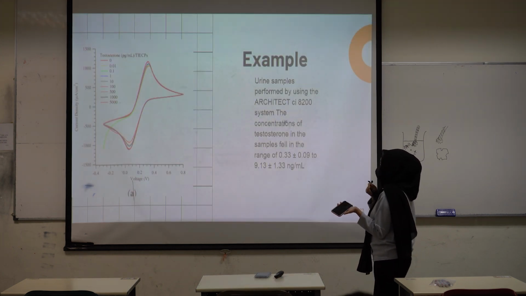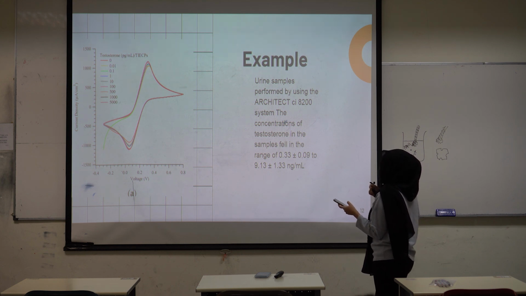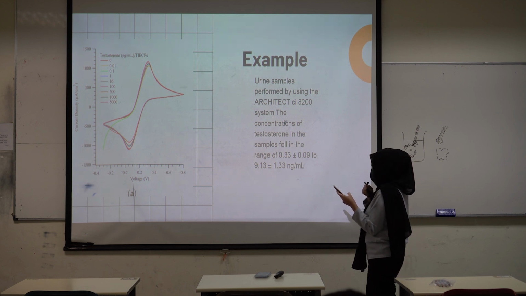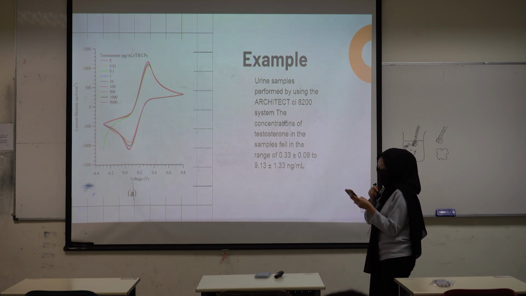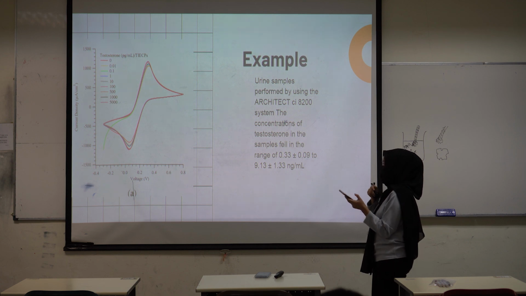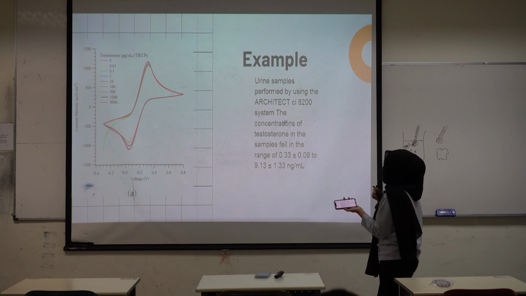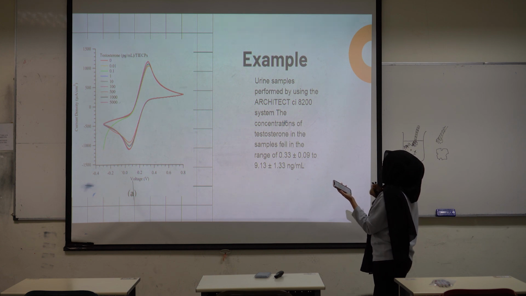Next. These are examples of urine samples performed by the Architect CI 8200 system. This instrument provides clinical chemistry and immunoassay testing in a single system, so the concentration of testosterone in the sample can be calculated using this instrument.